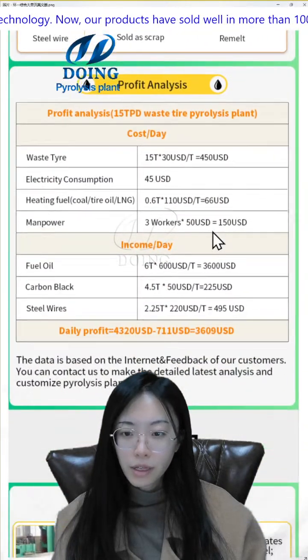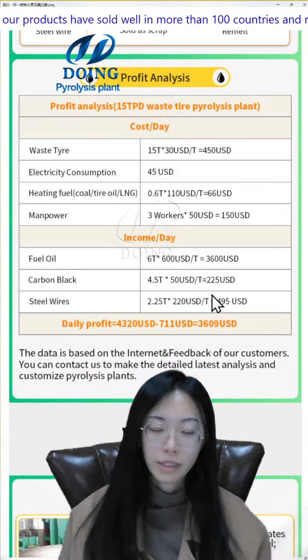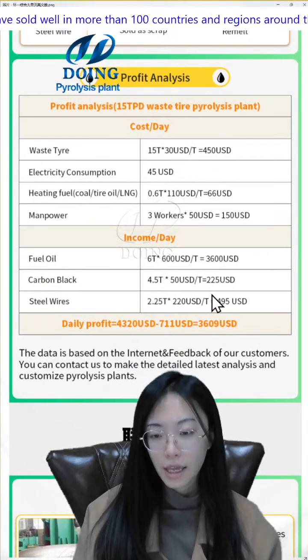And this is the profit analysis. Just for reference, you can have a look. The cost every day and income every day.